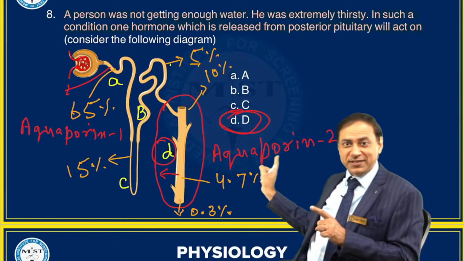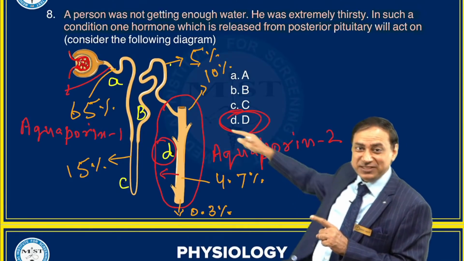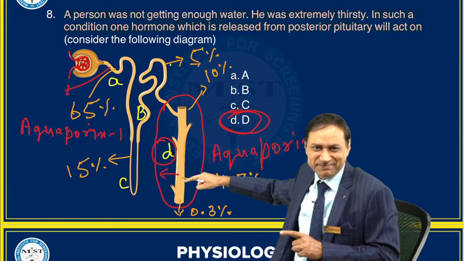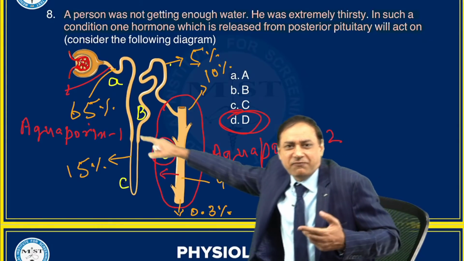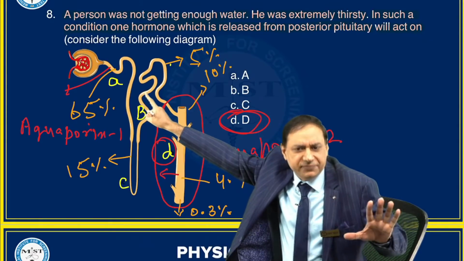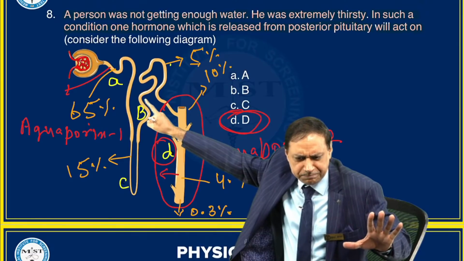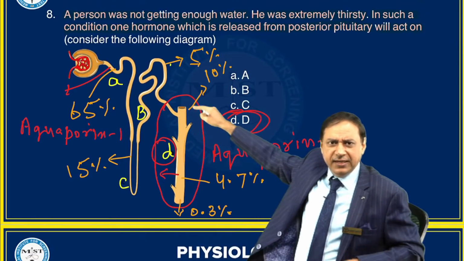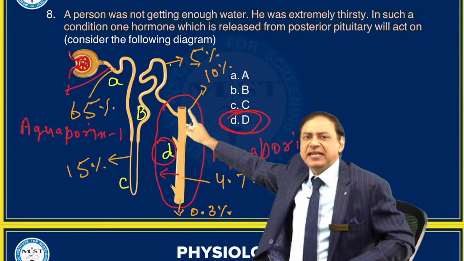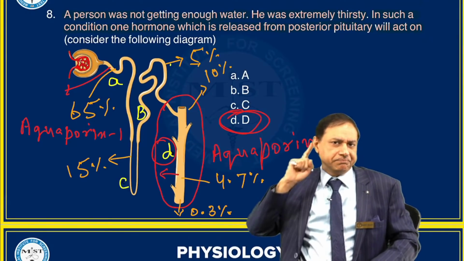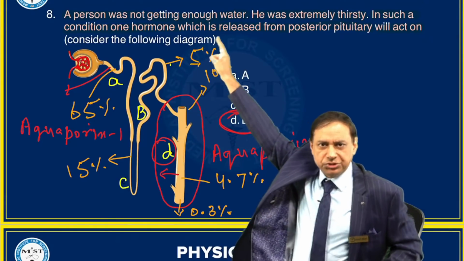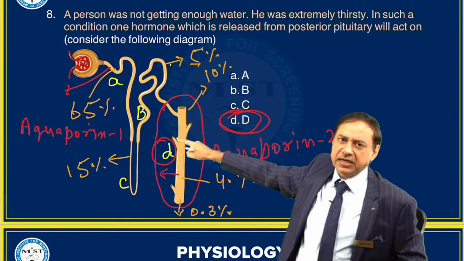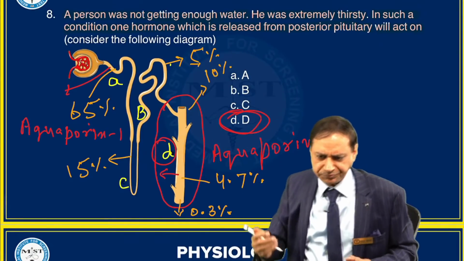Aquaporin 2 is under control of ADH, present in this portion. So where is maximum water absorbed? PCT, that is a different question. Don't be confused. ADH will act over here, so the answer here is D.